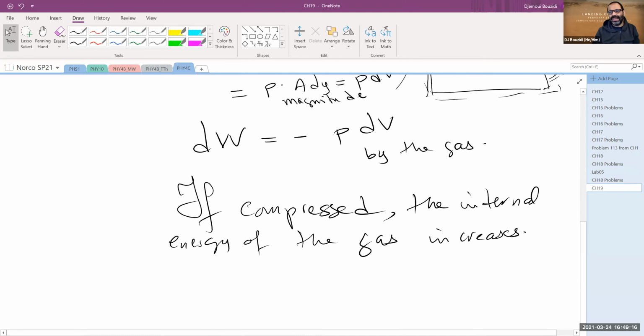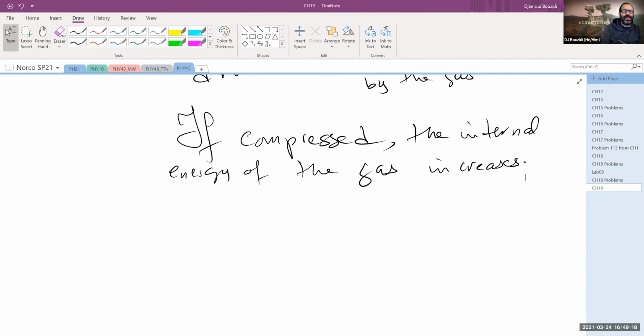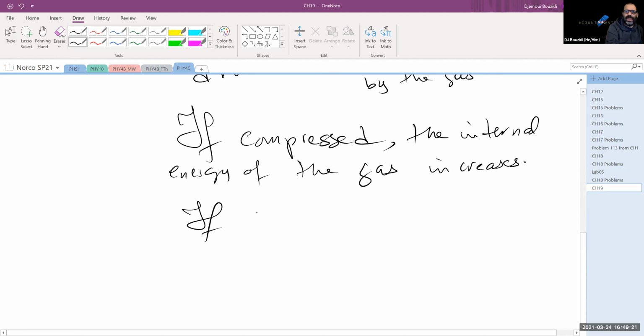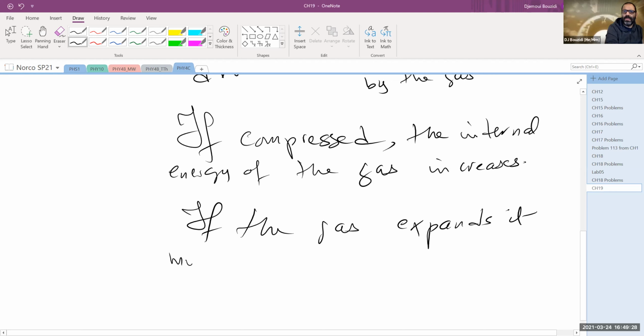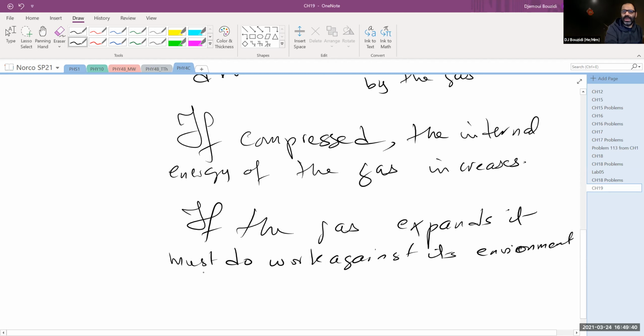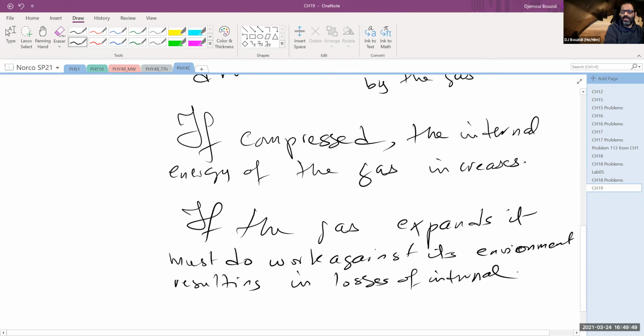So this is if we compress it, but if the gas expands, it must do work against its environment, resulting in losses of internal energy.